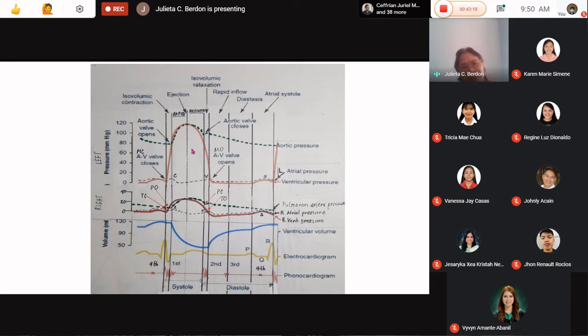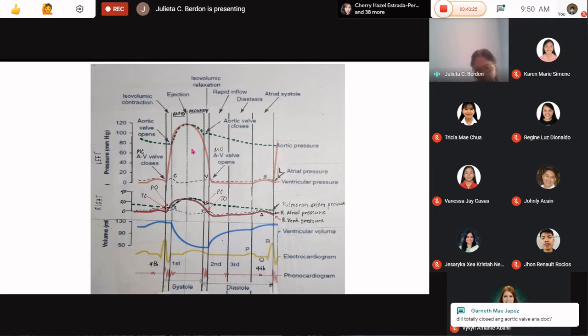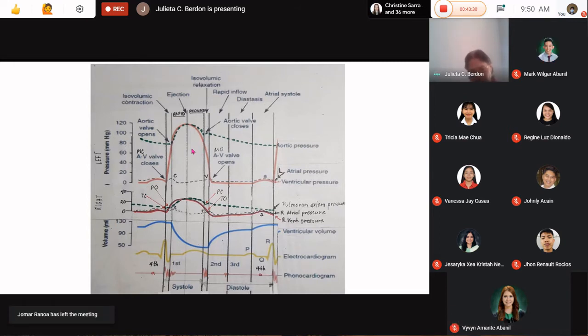The question is, I said at the start that blood flows from greater pressure to lesser pressure. During rapid ejection, ventricular pressure was greater than aortic pressure, so naturally blood flowed from the ventricle to the aorta. In this reduced ejection phase, ventricular pressure is less than aortic pressure, and yet flow still goes into the aorta.